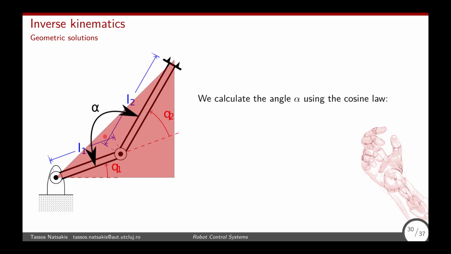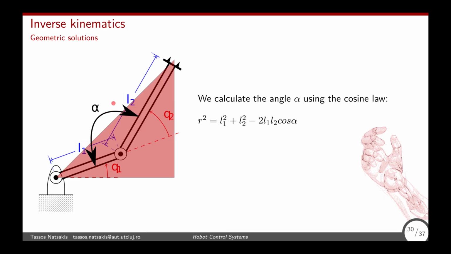We can calculate this angle alpha using the cosine law. Maybe you remember it. It's a way to calculate, if you know two lengths and an angle, you can calculate the other length.